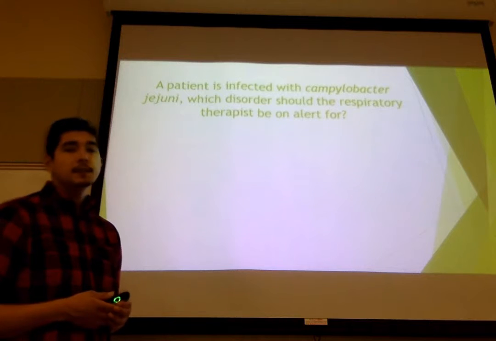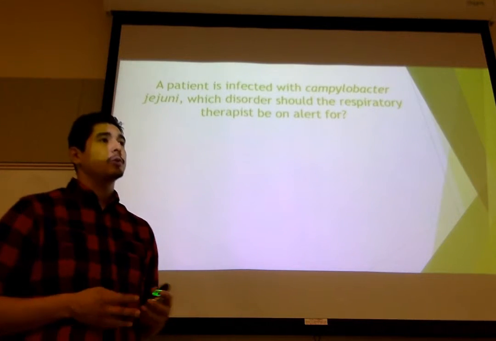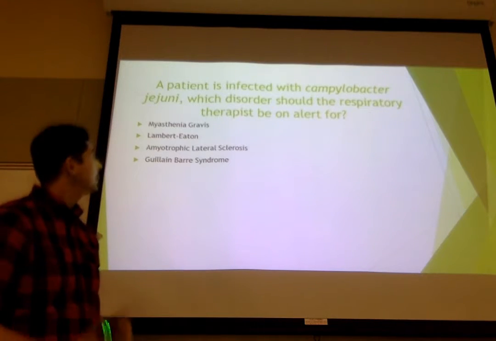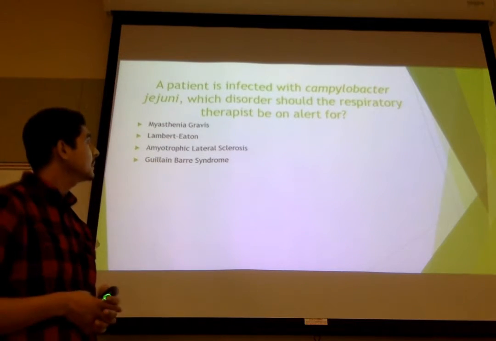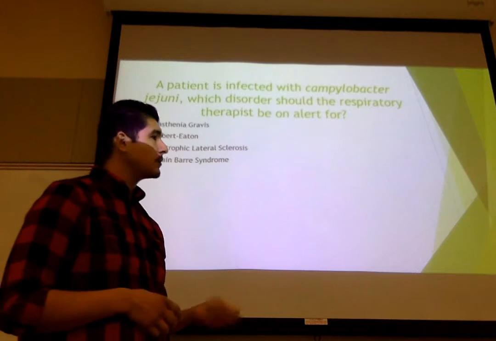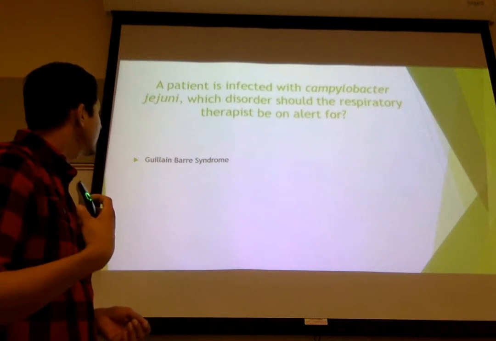A patient is affected with Campylobacter jejuni, which disorder would the respiratory therapist be on alert for? Here are our options: myasthenia gravis, Lambert-Eaton, amyotrophic lateral sclerosis, and Guillain-Barré syndrome. And of course, the answer would be Guillain-Barré syndrome.